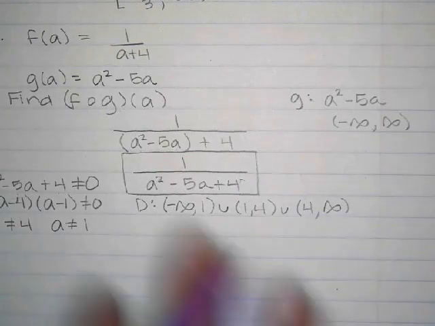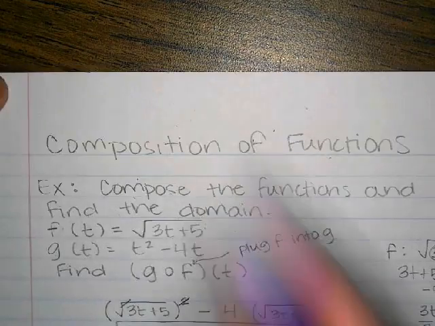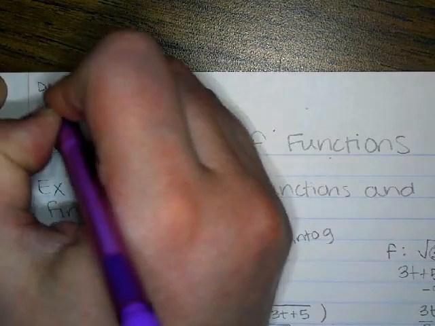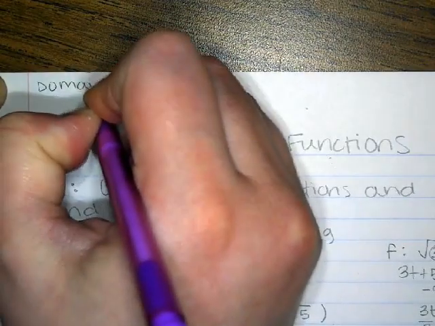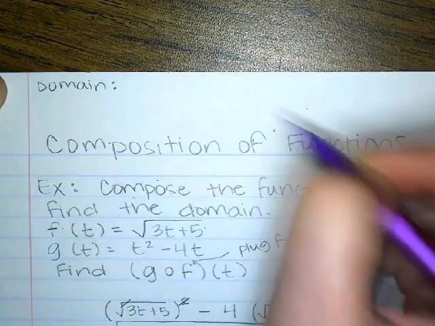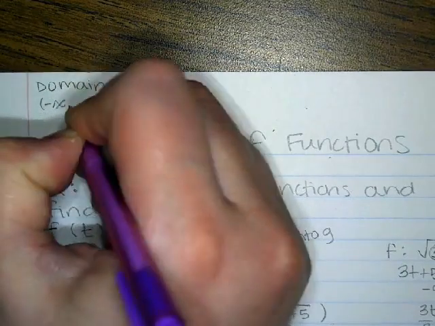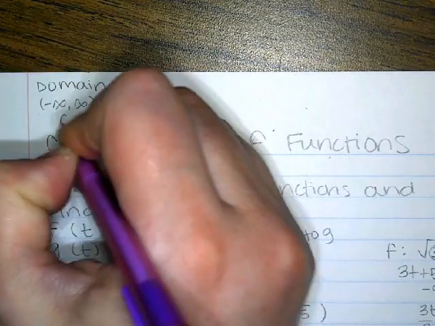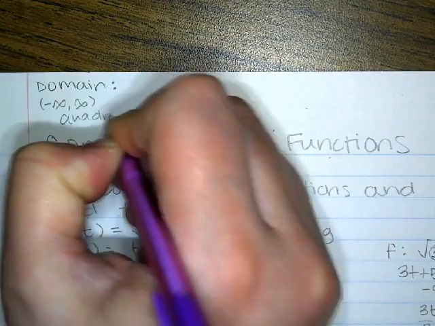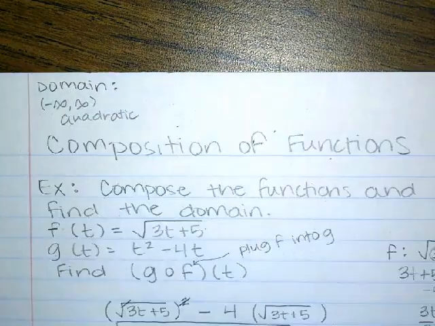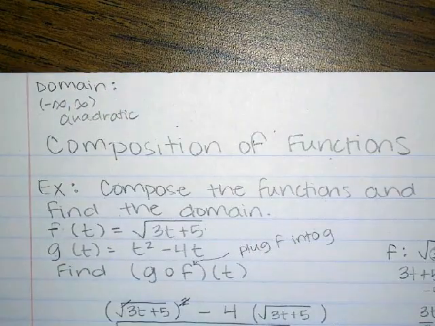So with domain, let's write a note to ourselves up here. What are the functions where we don't have to worry about them for the domain? So all real numbers for the domain are quadratic. What else is all real numbers? Exponential.